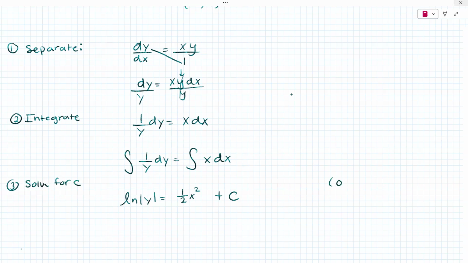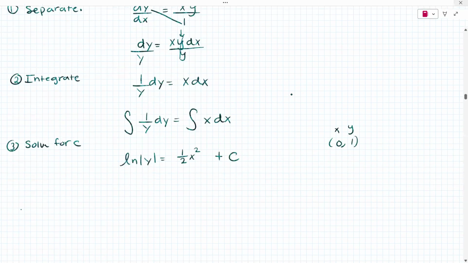Our initial condition is 0, comma 1. So 0 is your x, 1 is your y. So the ln of y, or 1, equals 1/2, and then replace x with 0 squared plus c. 1/2 times 0 squared is 0, and then plus c, so you don't really need to add that plus 0. And what is the ln of 1? It's 0. So 0 is your c.